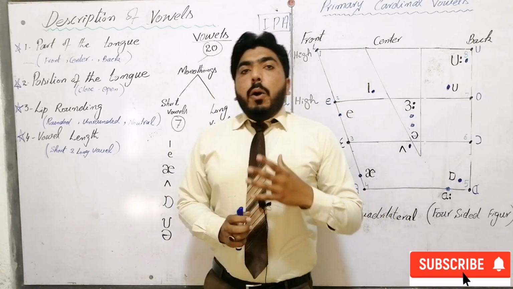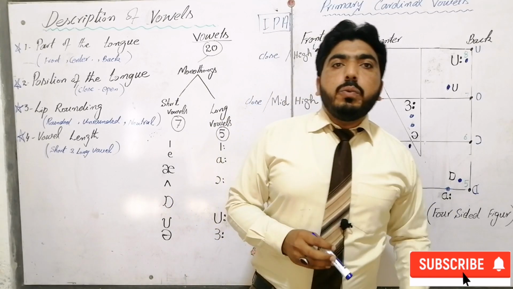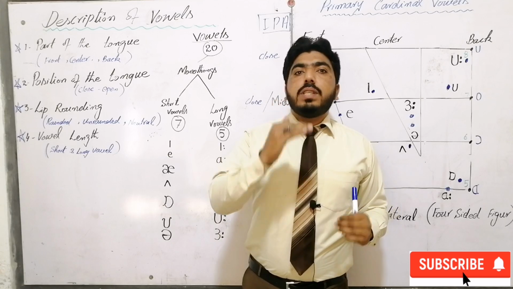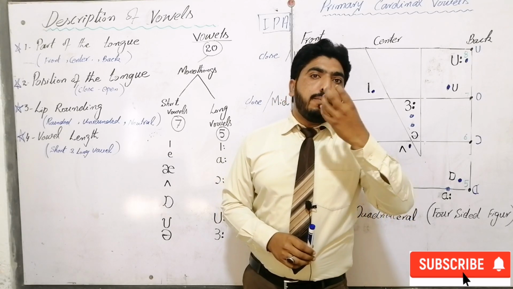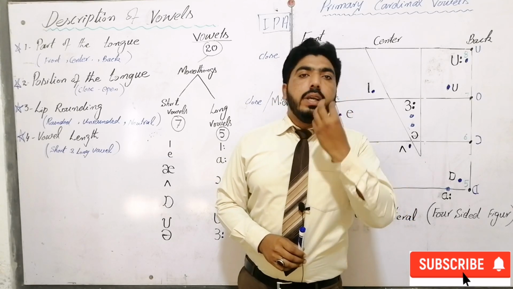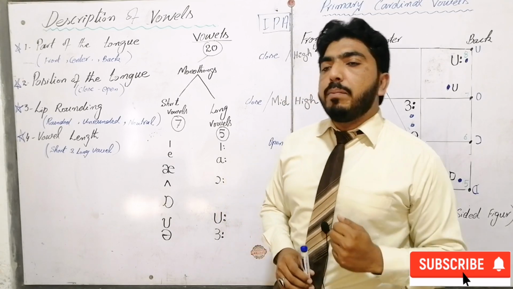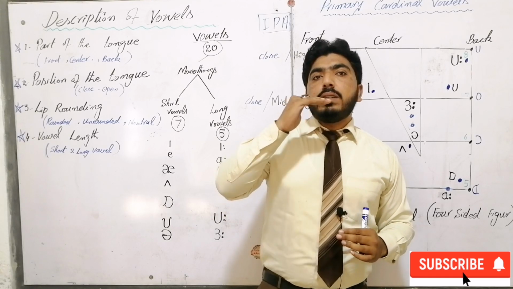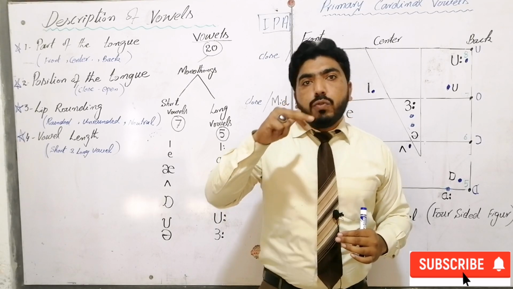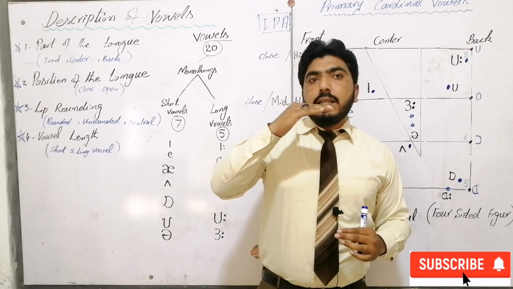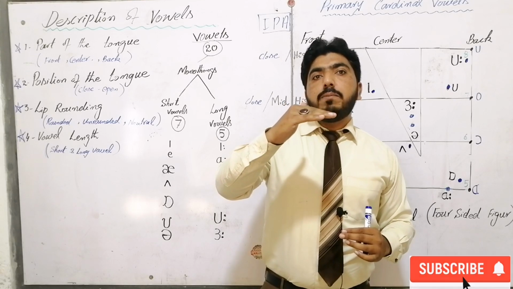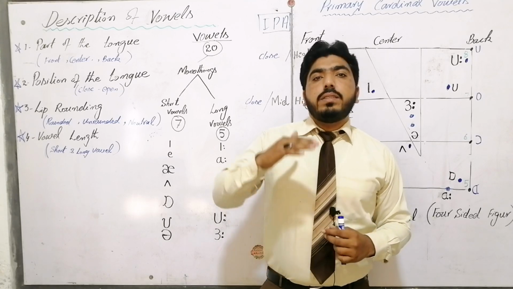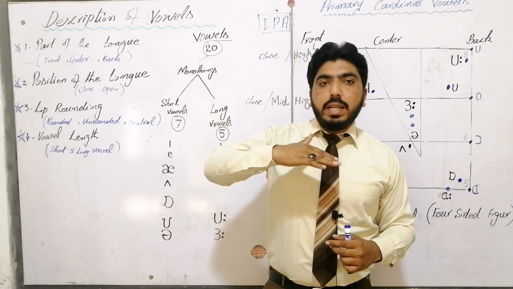When we pronounce vowel sounds, you might have observed that the role of the tongue is very important and the position of our lips keeps on changing. For example, when we pronounce vowel sounds, the movement of the tongue may be in 2 forms. One, the tongue can move forward and backward, and the other movement is that it may move upward and downward.